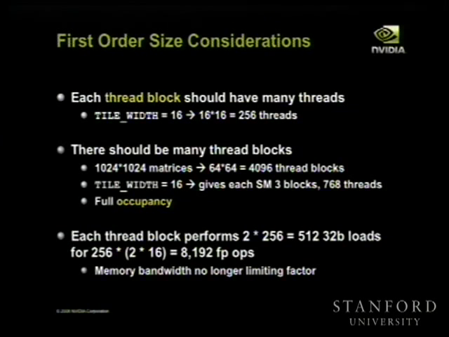And you know, this tile width of 16 gives us this, right? Because if we assume that our matrix is maybe 1K by 1K, or 1 million elements total, that implies if we use 16 by 16 blocks, we'll end up with around 4,000 thread blocks, and that's plenty to totally fill up the machine, and we won't have to worry about underutilization of the SMs.